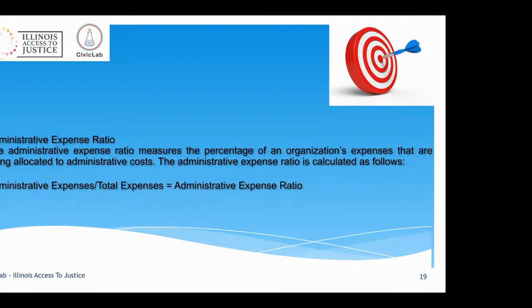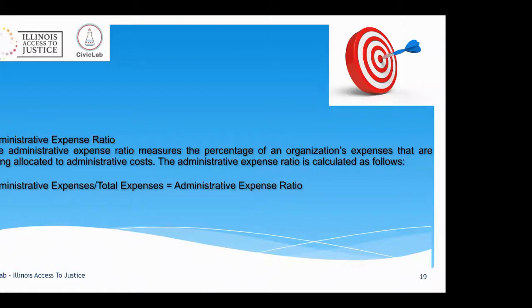Now, generally speaking, funders want to keep that low. For foundation funders, an administrative expense ratio of 15% is kind of the high, the threshold. For a lot of government programs, it's as low as 5%, where that's the threshold of how much administration should take from the overall budget of this new project.